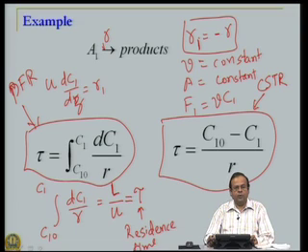The other way of comparing these two would be, we say that we want a certain conversion of A1, that is, we are going to design our reactor for 90% conversion of A1. Then whichever of the two reactors achieves this 90% conversion with a smaller residence time will be the better of the two reactors.